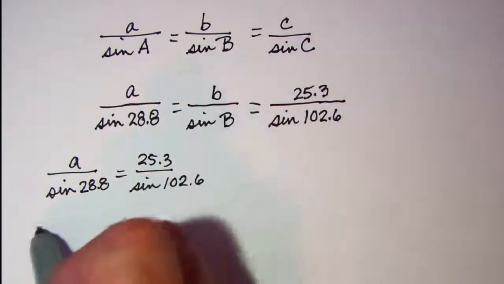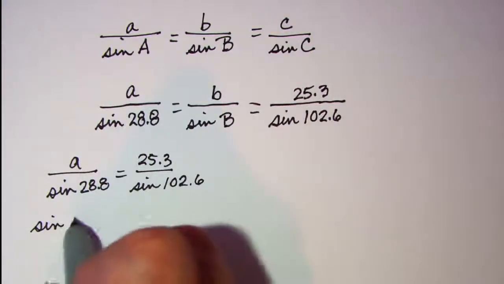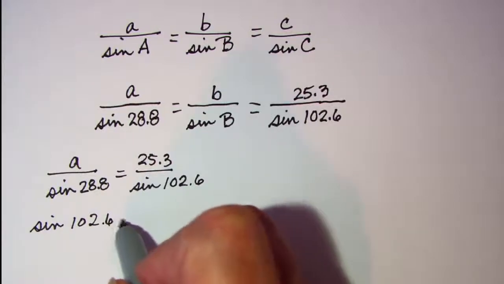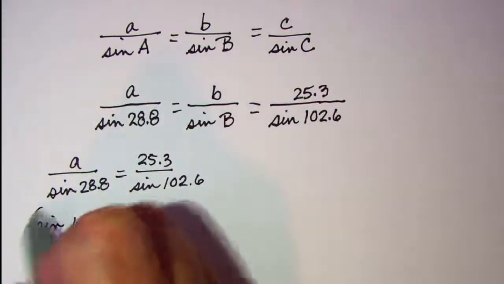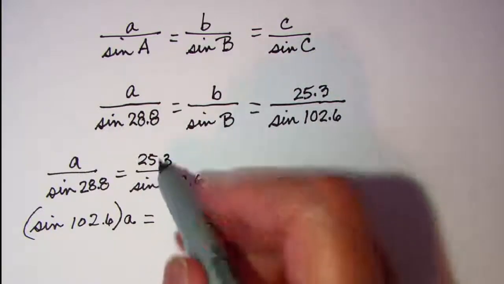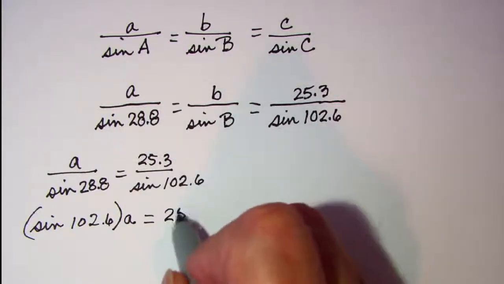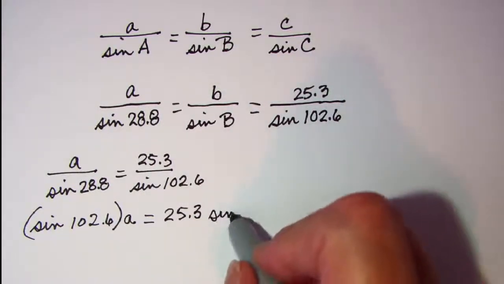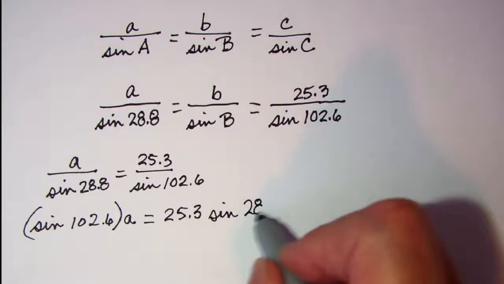So we have the sine of 102.6 multiplied by a is equal to 25.3 multiplied by the sine of 28.8.